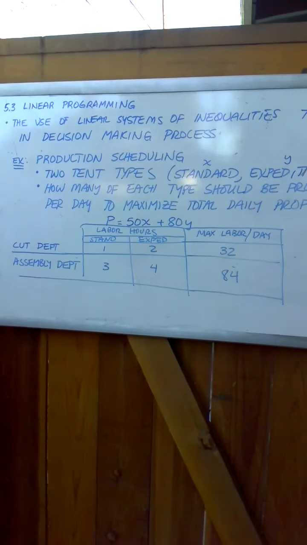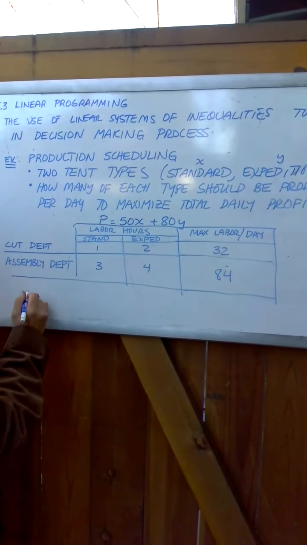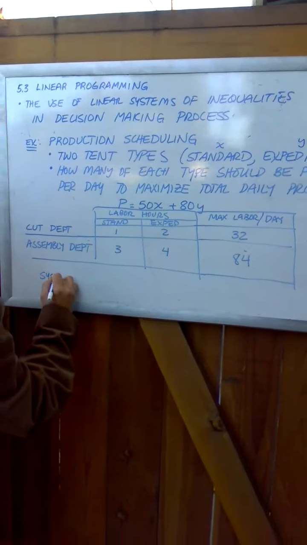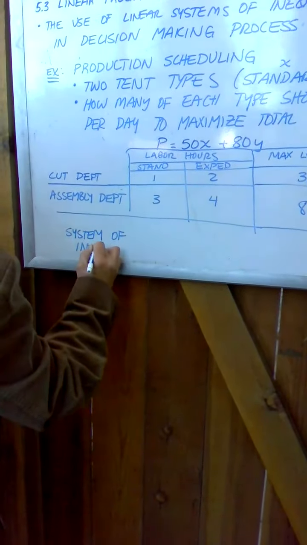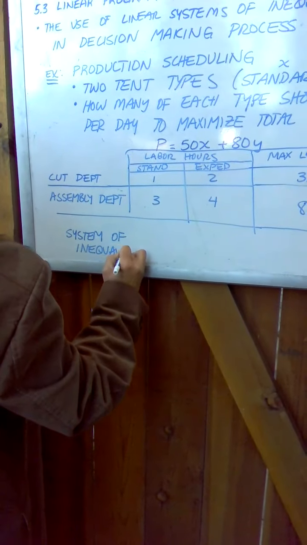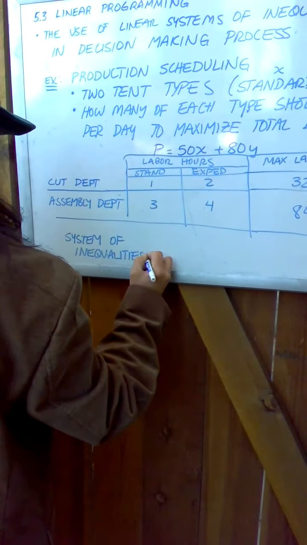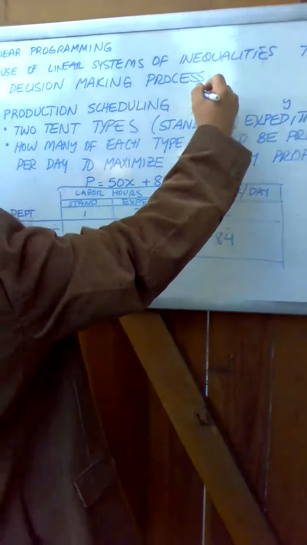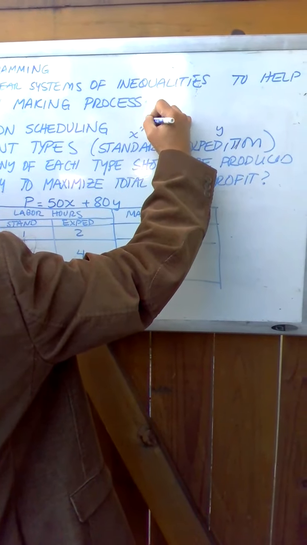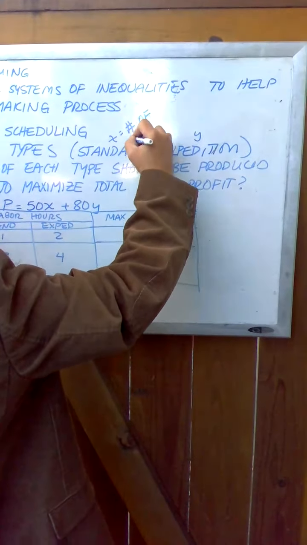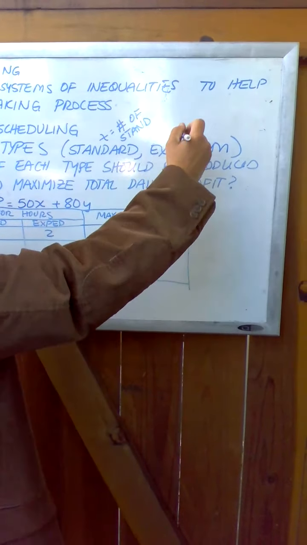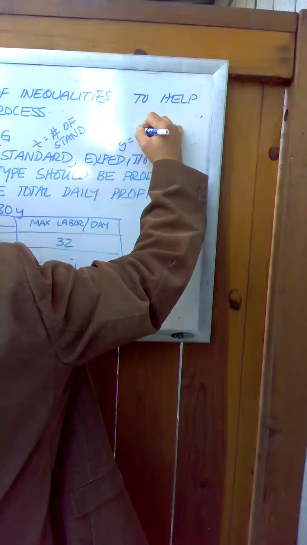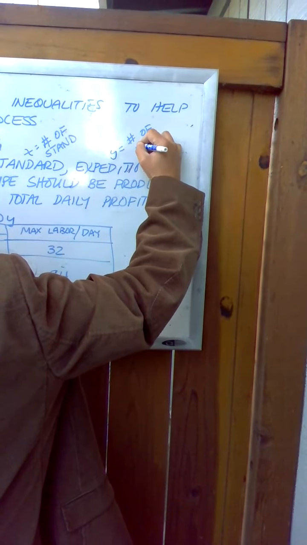Okay, so our system of inequalities is going to look like this. X is the number of standard tents, and Y represents the number of expedition tents.